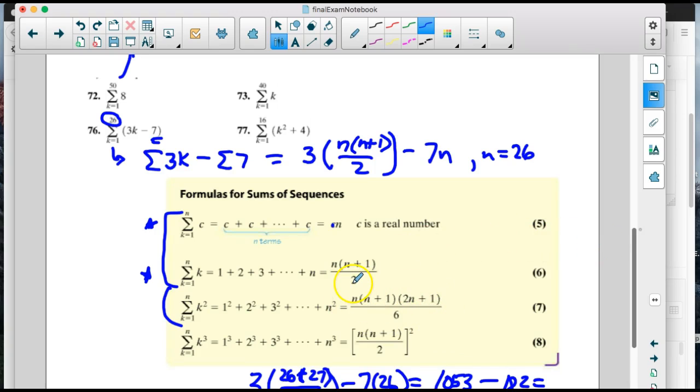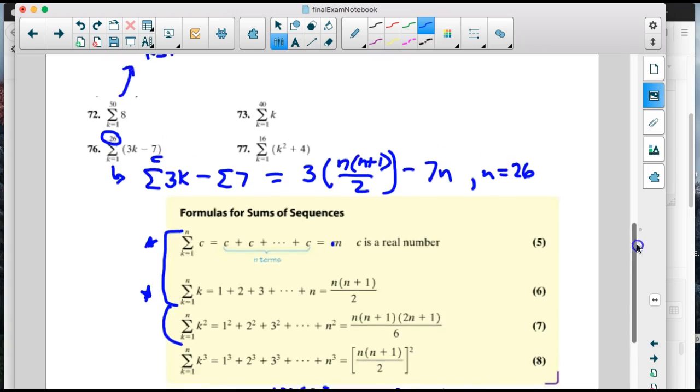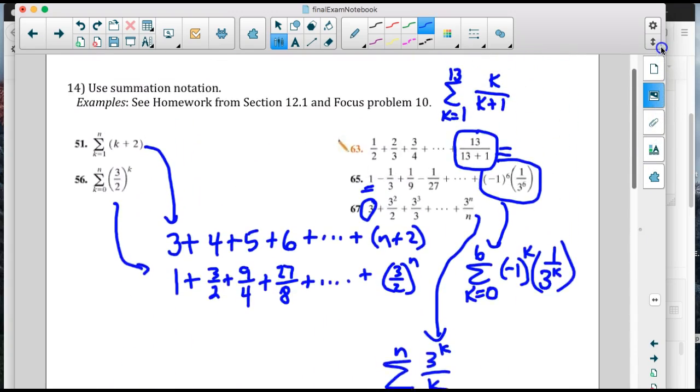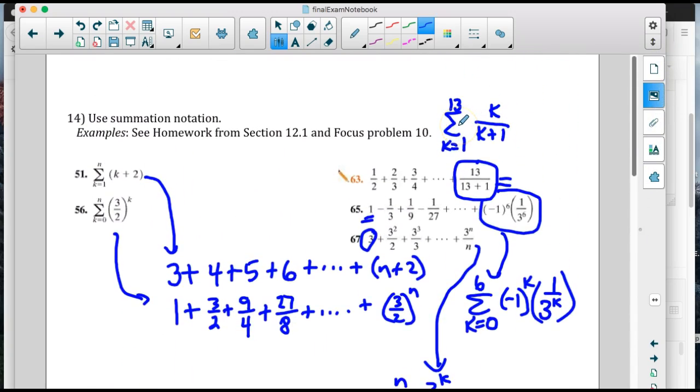If it's a k squared like this one, you're going to use this formula, and in this one it goes to 16, so 16 goes in for all the n's here. Figure it out. And then plus this formula right here, where c is 4 times 16 for that part. And then you're going to add them together. So that is basically your review for problem 14 for the final exam.